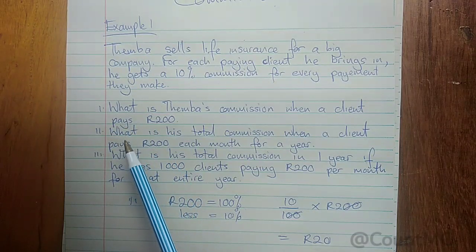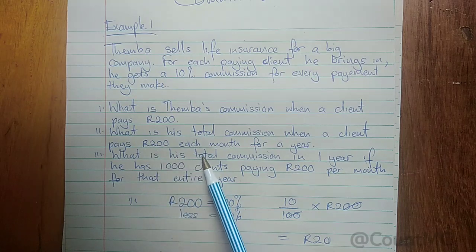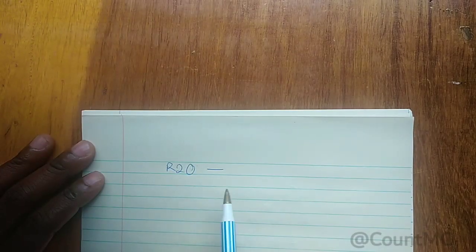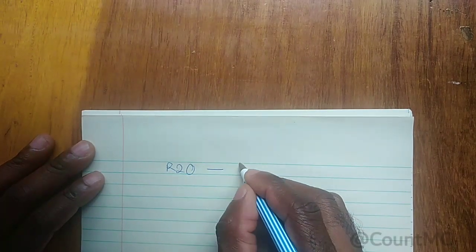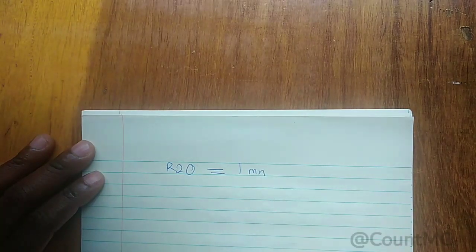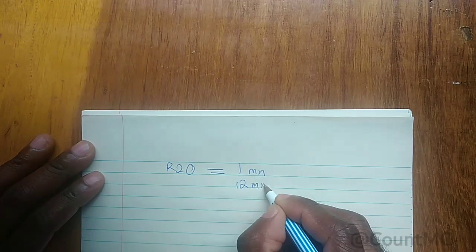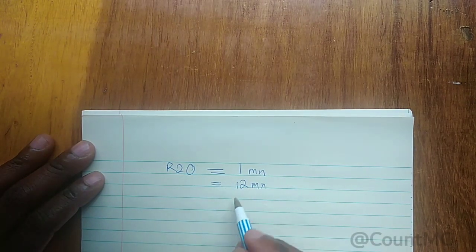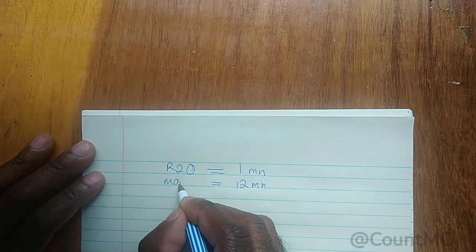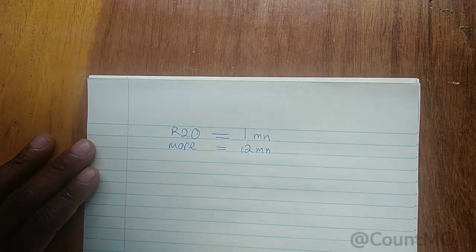Part 2. What is his total commission when a client pays 200 Rands each month for 1 year? So we know that he is getting 20 Rands every month. Okay, but what happens when that one client pays for 12 months? 12 months is more, so we expect him to be paid more.